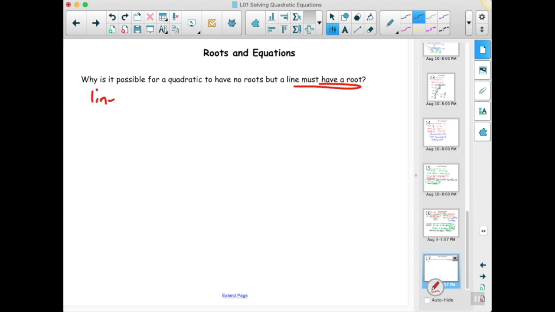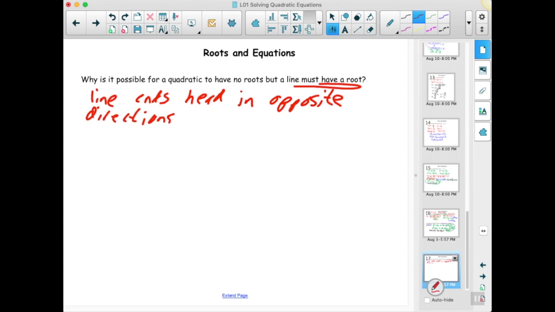So line ends head in opposite directions. So we can go from Q3 to Q1, or we can go from Q2 to Q4.